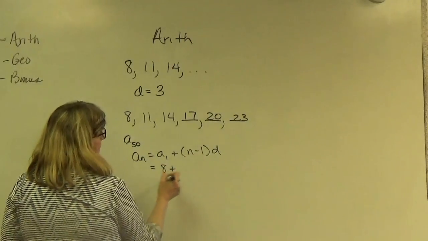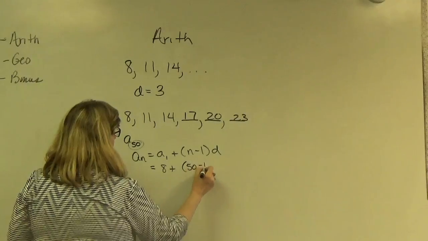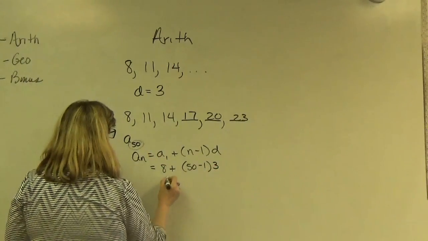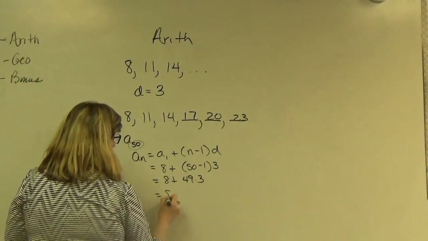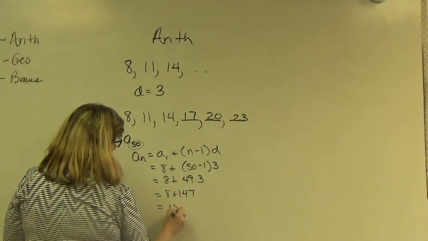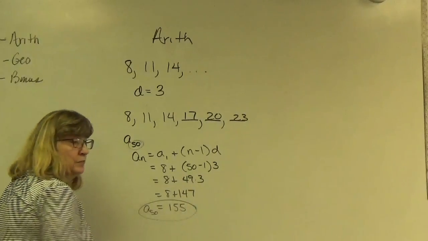What's the number of terms? 50 minus 1. And what's the difference? We already established it was 3. So I have 8 plus 49 times 3, which is 147. And 147 plus 8 is 155. And so our 50th term is 155.